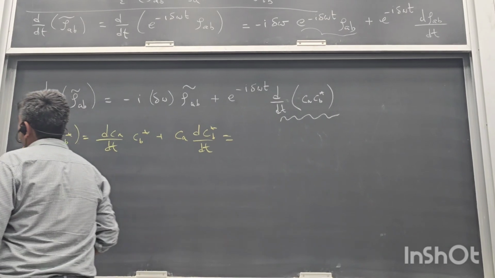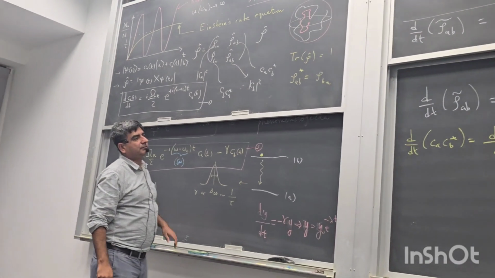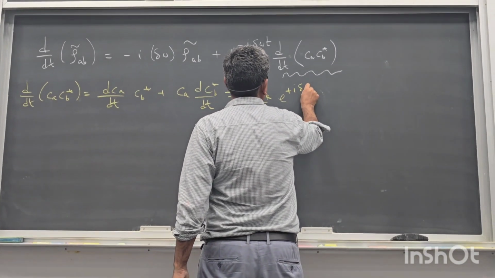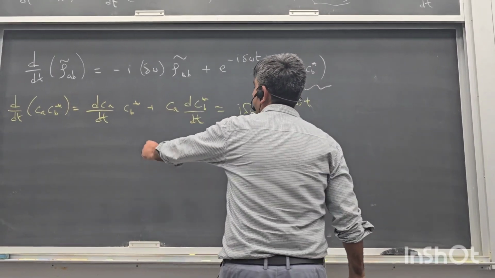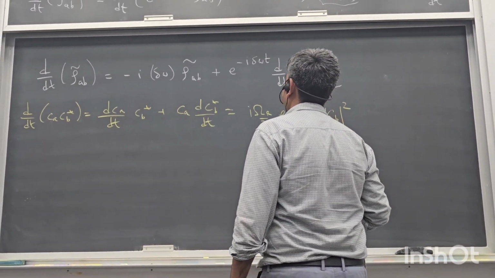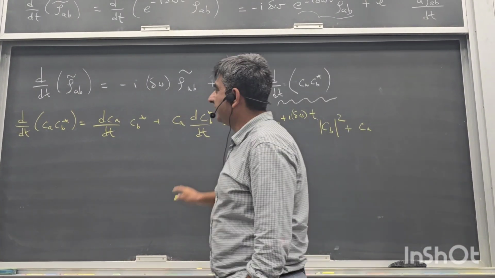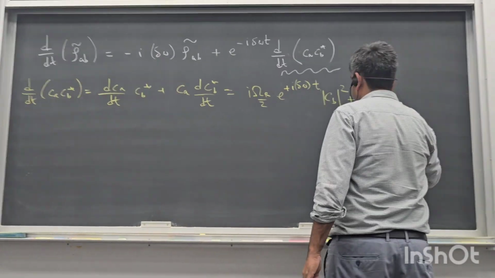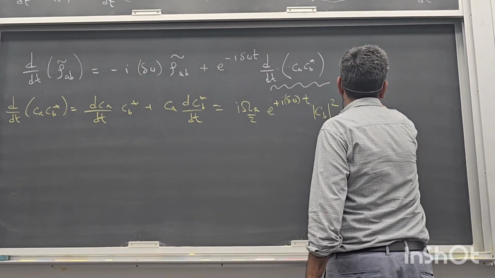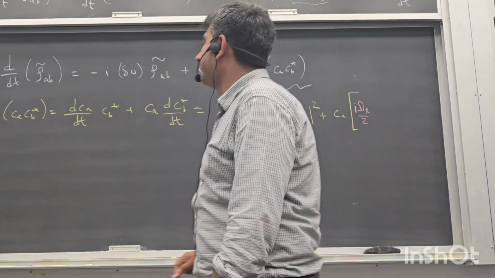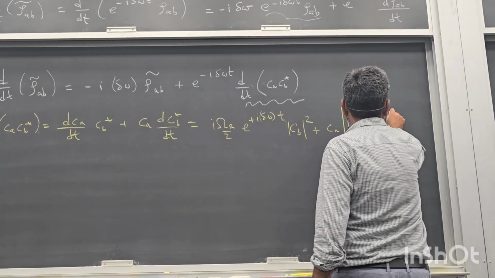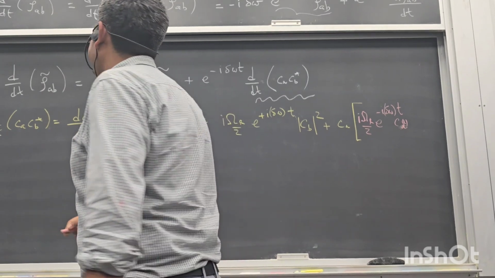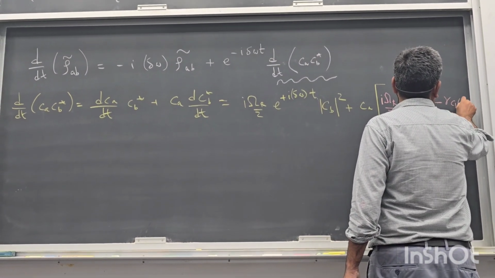And the derivative of CA is given here: i gamma R by 2 e^(i delta omega t) times CB, so CB mod has become CB mod square, plus CA times the derivative of CB by dt, which is all of this: e^(-i delta omega t) CA minus gamma CB, right?